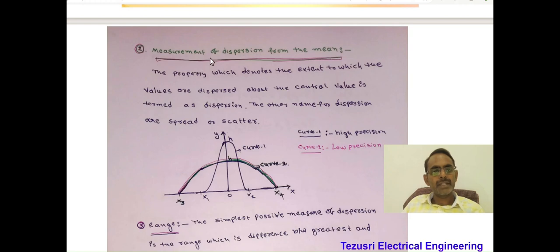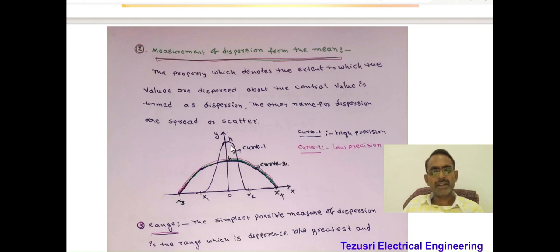Next, measurement of dispersion from the mean. The property which denotes the extent to which the values are dispersed about the central value is termed as dispersion. The other names for dispersion are spread or scatter. The samples are dispersed from central value. The range is called dispersion or spread or scatter.